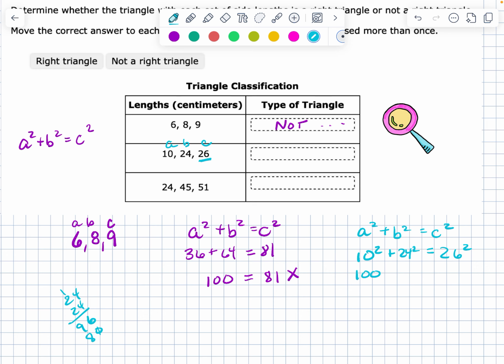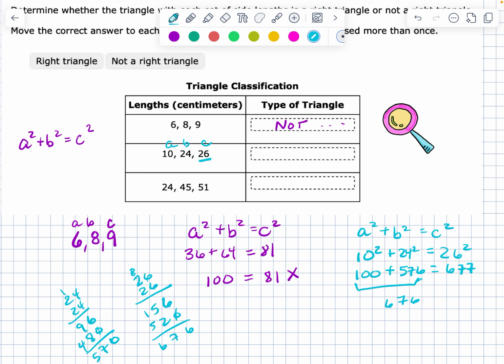4 times 4 is 16, so 6 carry the 1. 2 times 4 is 8. 2 times 2 is 4. So we have 576. And what was that? 24 squared? I think I said 26, but anyway, hopefully you're doing what I'm doing, not what I'm saying. 26 squared is 676, and this adds up to 676.